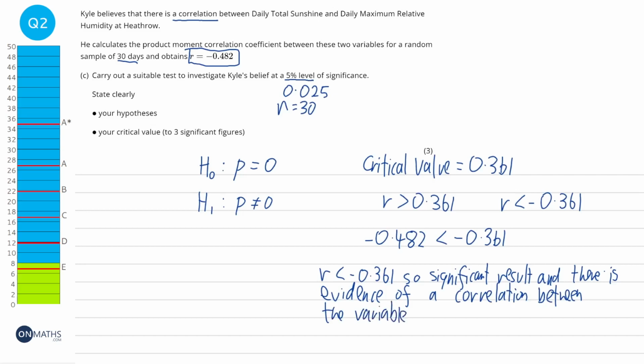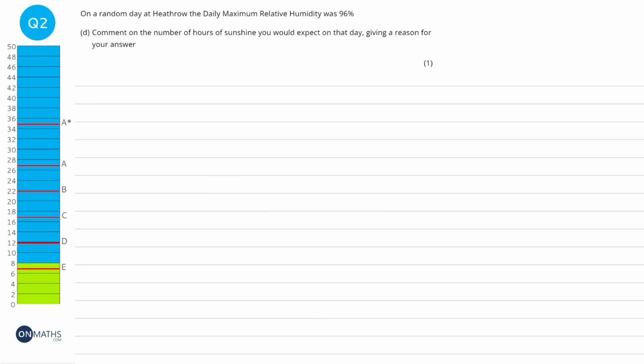Now in the exam, just make sure you state the variables. So between daily total sunshine and daily maximum relative humidity. So we know that there's going to be a negative correlation between daily maximum relative humidity and the number of hours of sunshine. So looking at the daily maximum relative humidity, it's quite high, 96%, it's actually very high.